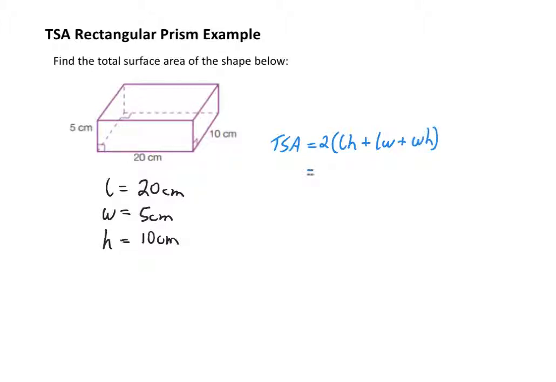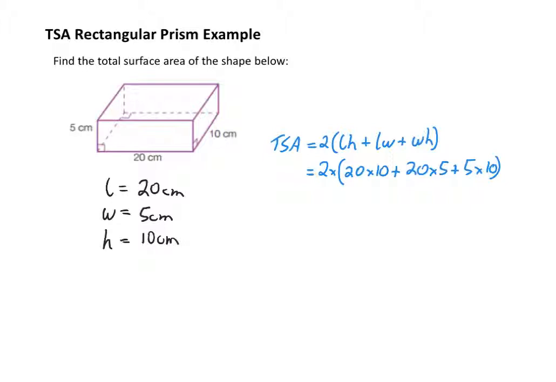So once I've written down my formula, I can go ahead and substitute my values in. So I've got 2 times the length times the height, so 20 times 10, plus the length times the width, so 20 times 5, and then plus the width times the height, so 5 times 10.